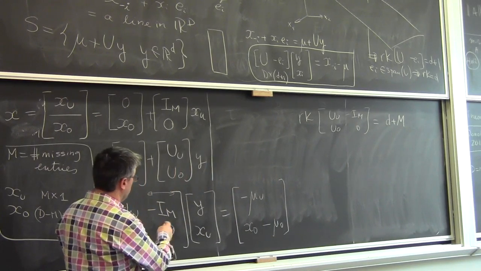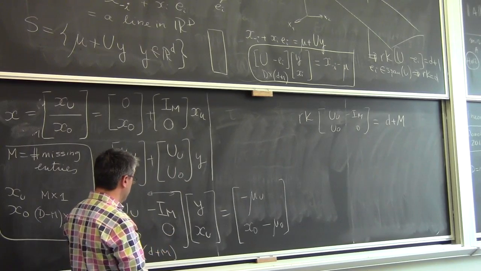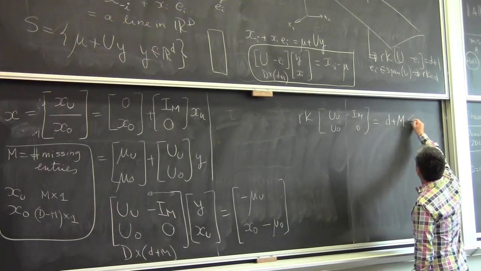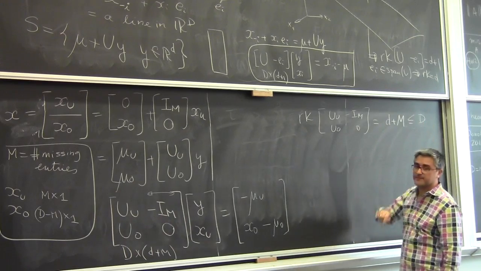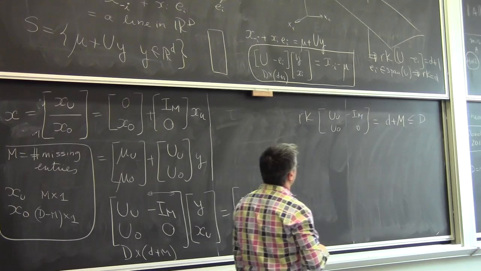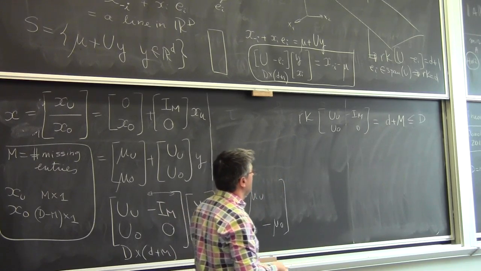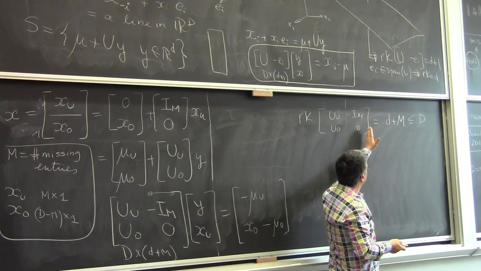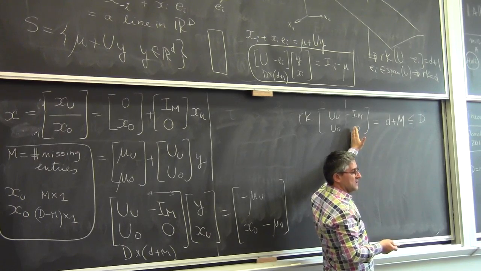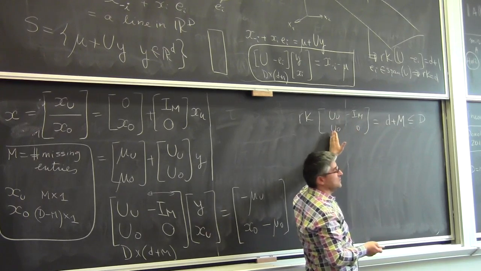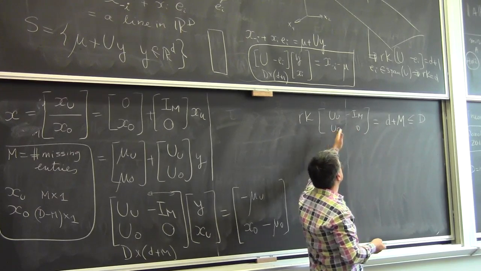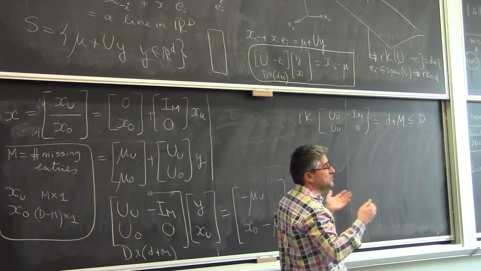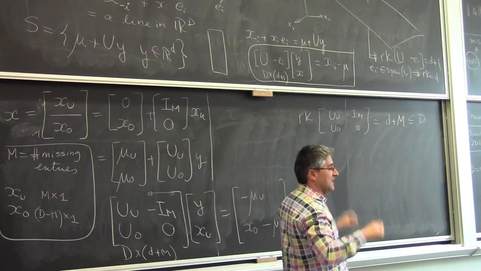Now, by construction, this matrix is supposed to be tall, so the number of columns needs to be less than or equal to the number of rows. Right? So the first thing that is being said here is that, as before, I'd like the directions corresponding to the missing entries not to belong to the span of U. So it's just a generalization of the same statement I made before. Missing entries and bases of the subspace need to be somehow linearly independent.